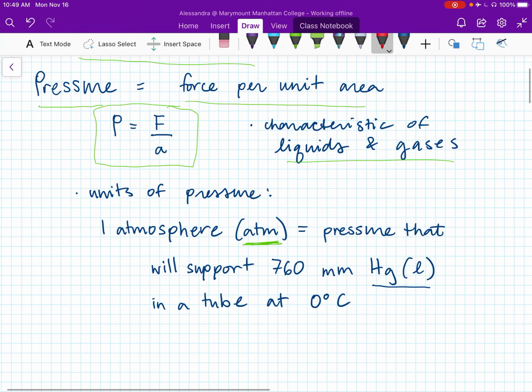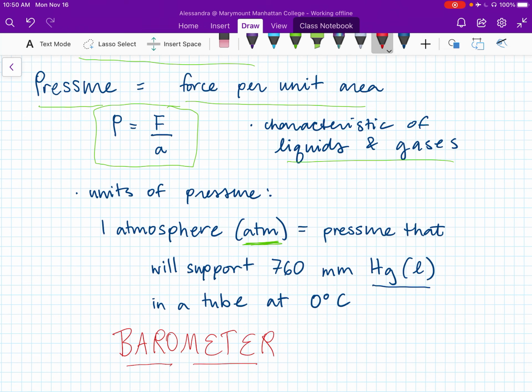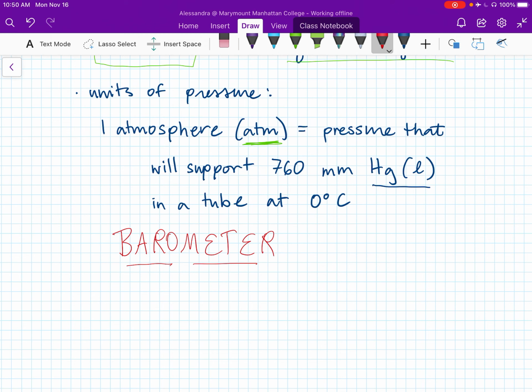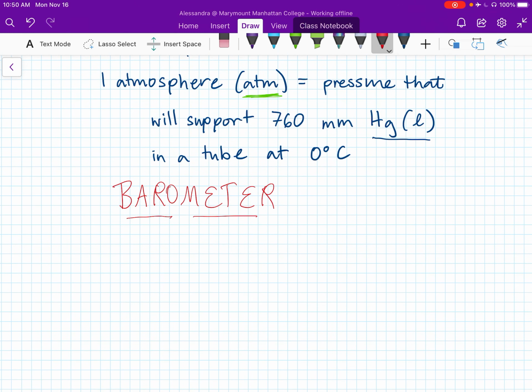So this definition is actually the basis of an instrument called the barometer. A barometer is something that measures pressure. That baro prefix refers to pressure. The barometer is a device to measure atmospheric pressure, that is to say, the pressure that's exerted by the gases in the atmosphere.